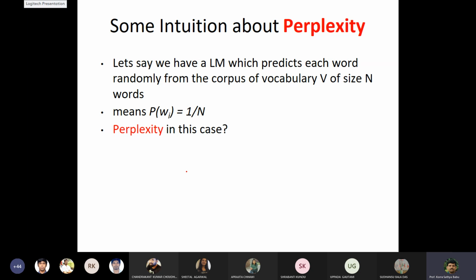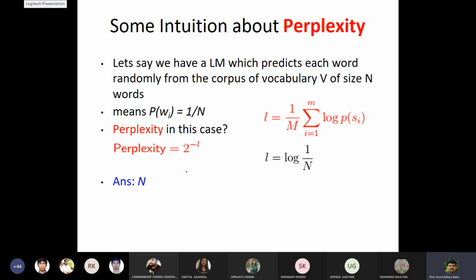L is given earlier as 1 by m sigma i equal to 1 to m log p of Si, and the perplexity is 2 power minus L. So here L is nothing but log 1 by n, and definitely the perplexity here is n.